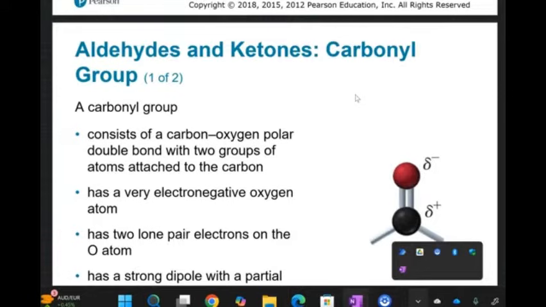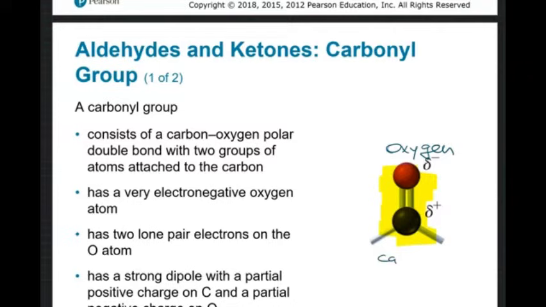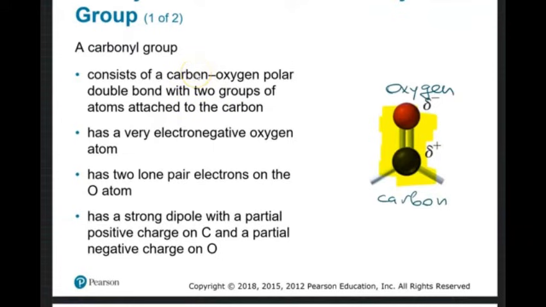So both aldehydes and ketones contain this carbonyl group here. In this carbonyl group, the red sphere represents oxygen, while the black sphere represents carbon. They are connected, as you can see, by a double bond.